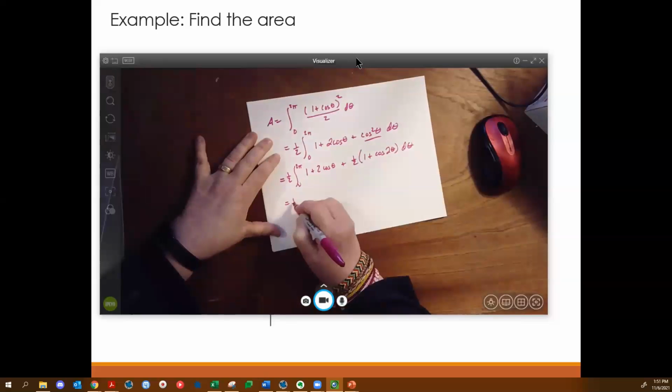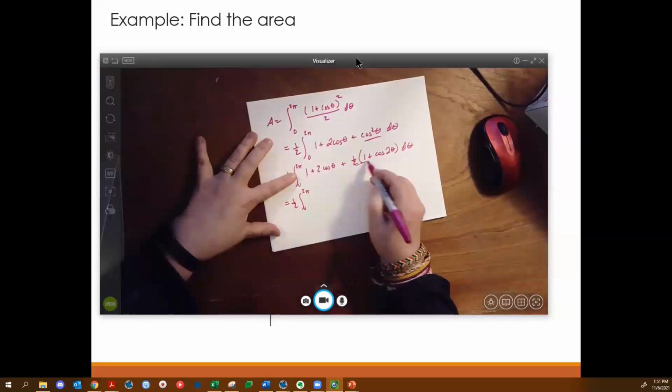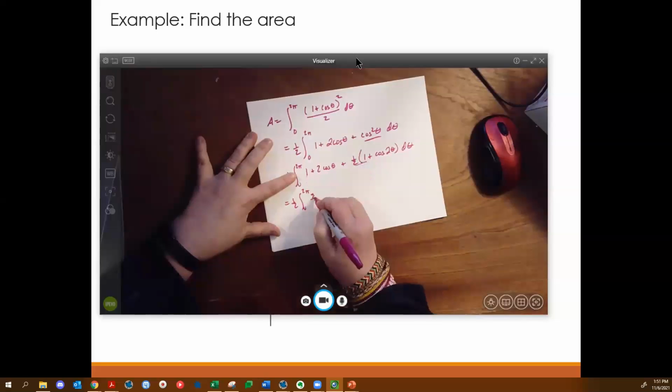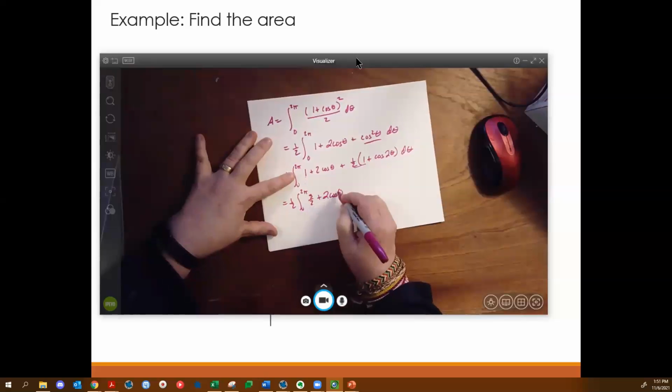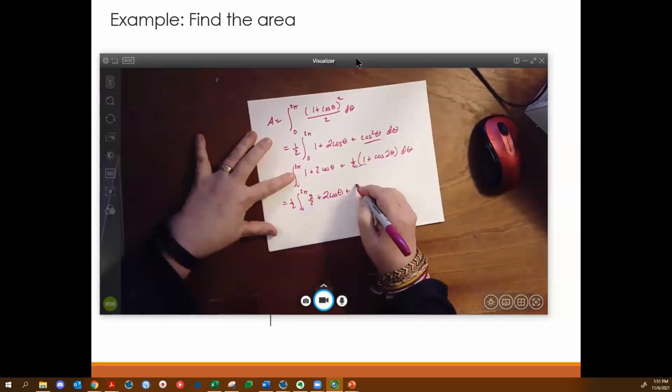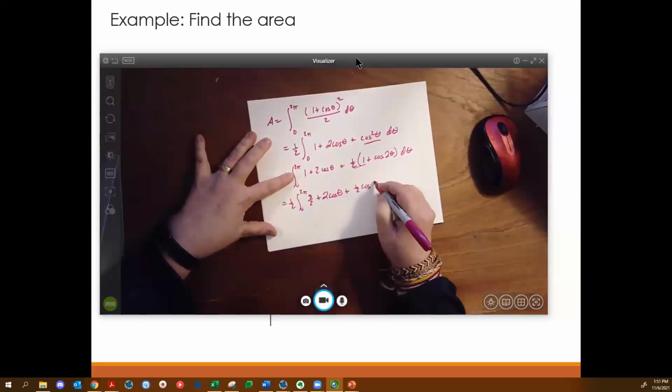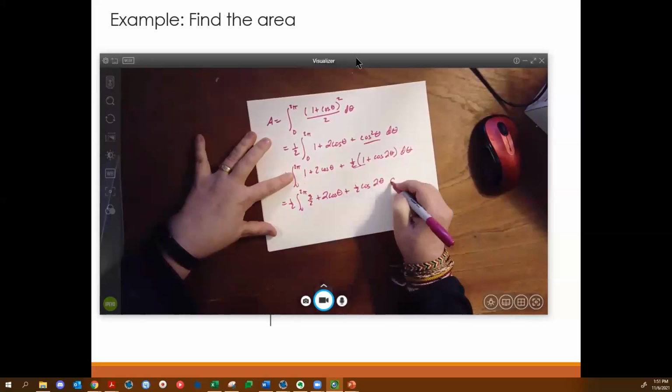Simplifying, I have a 1 and a plus 1/2, so I have 3/2 plus 2 cosine theta plus 1/2 cosine of 2 theta d theta.